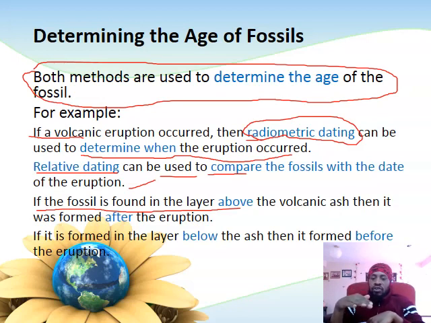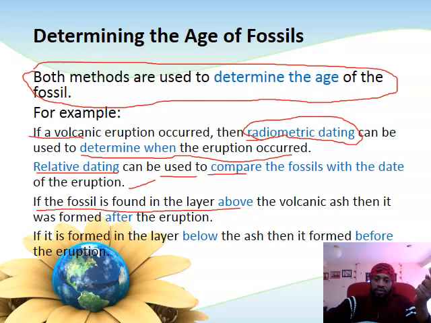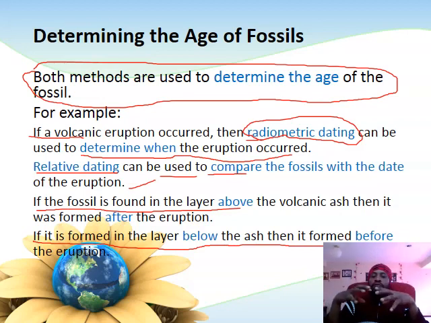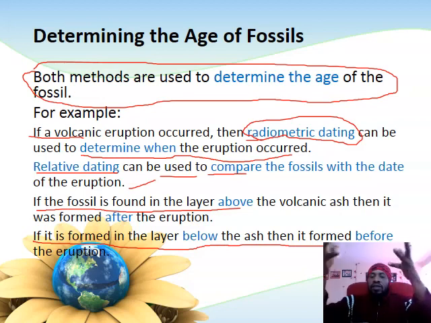By knowing when the eruption occurred, we can work out an estimate of the age of a fossil that formed after that eruption. Similarly, if the fossil is formed in the layer below the ash, it means that fossil formed before the eruption, and when the eruption came, it covered the fossil with ash. That's what we could do to determine the age of the fossil by both methods.